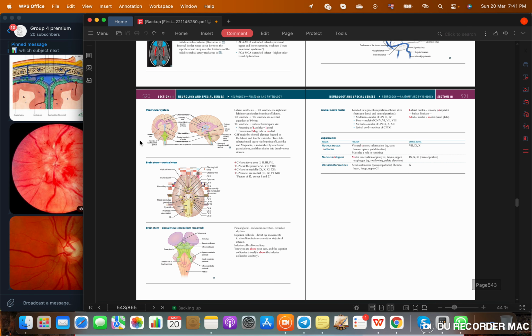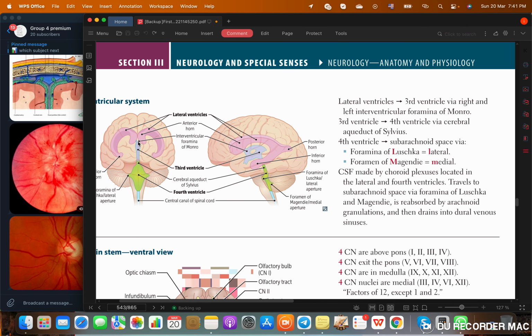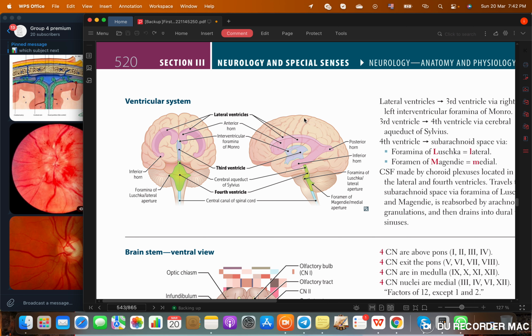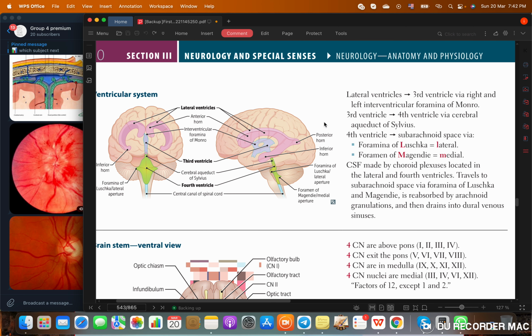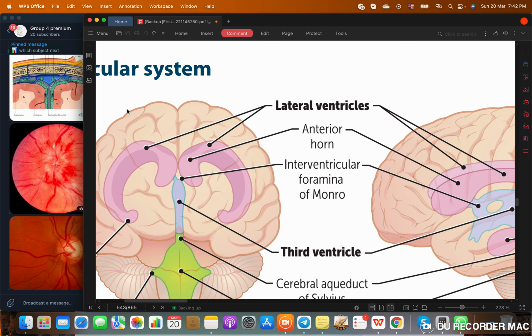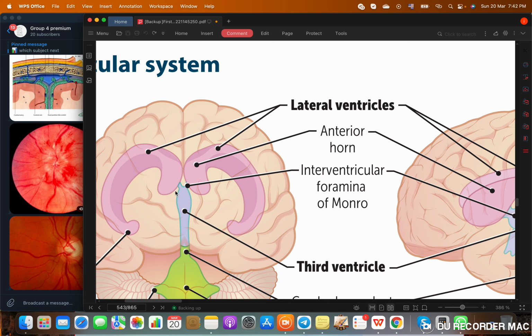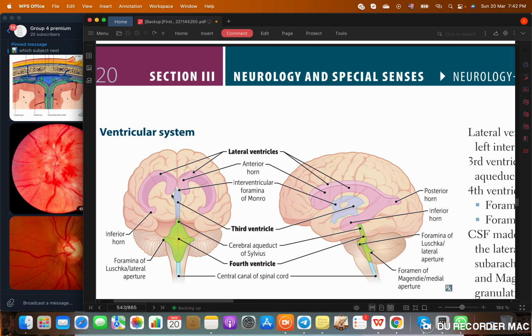The next thing to speak about is the ventricular system. Awesome. We spoke about it already twice. So, without further ado, we have the lateral ventricle, which goes to the third ventricle through the foramen of Monro, also known as the right and left interventricular foramina, which is this guy. You can see this is the foramen of Monro.